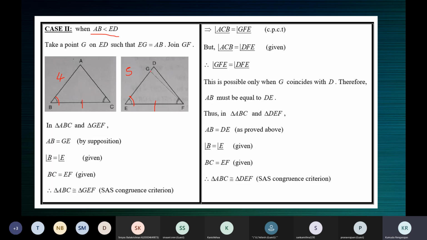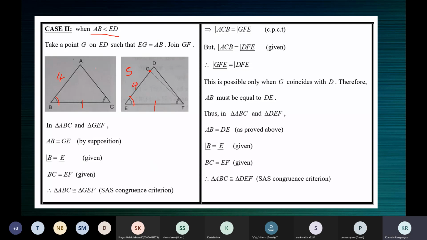So then what we'll do, we'll take a point G on DE such that GE is equal to 4 centimeters. AB is less, DE is more than AB. Say DE is 5 centimeters and AB is 4 centimeters.